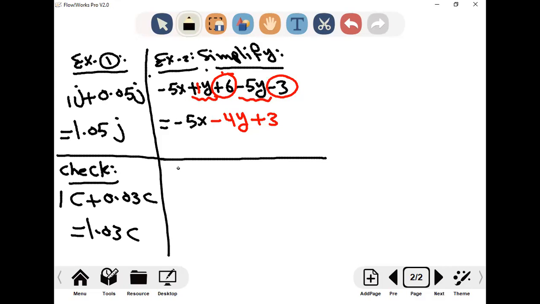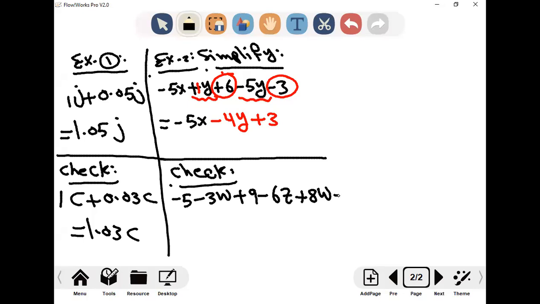Yes, miss. Let's do the check. After this example, we have simplify negative 5 minus 3w plus 9 minus 6z plus 8w minus 4z.